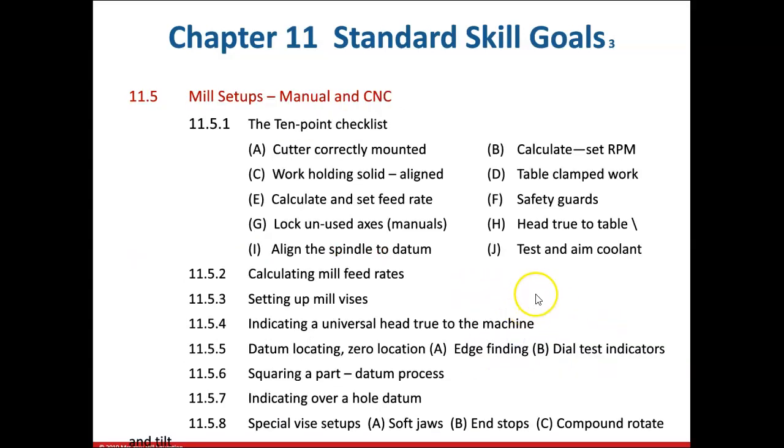All right, so here is another setup checklist. This will be coming later, so we'll go over what this 10-point checklist is. We'll go over calculating feed rates and speeds. And everything else that you would need to know, squaring up a part, what that actual process and procedure is.